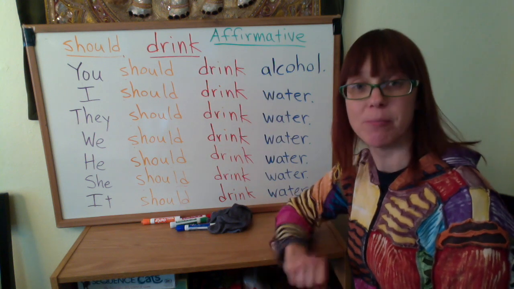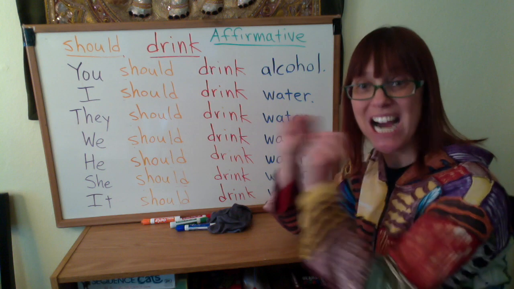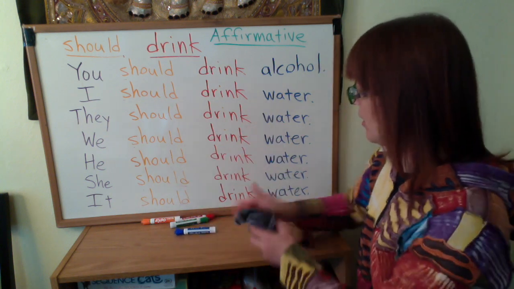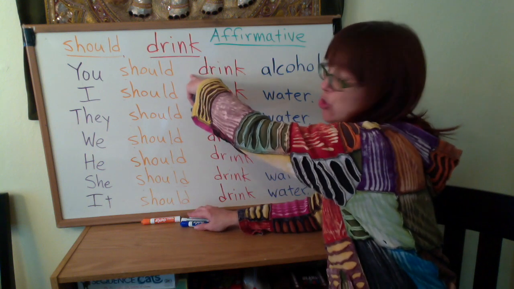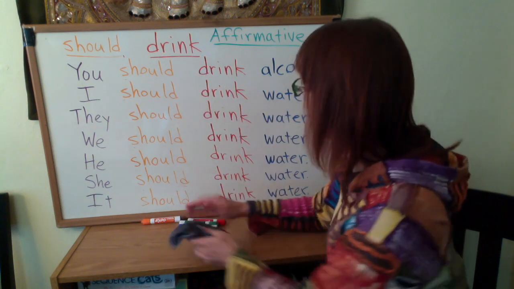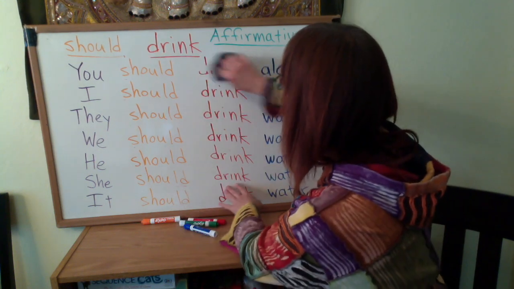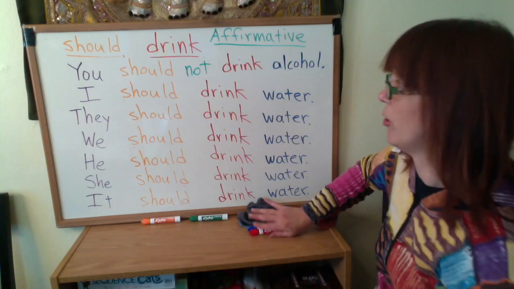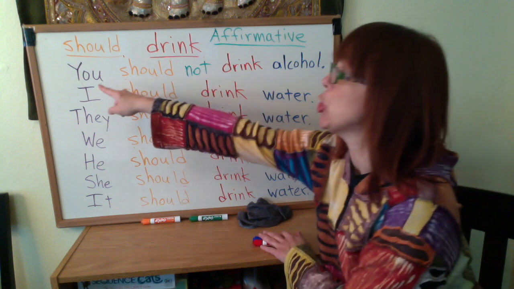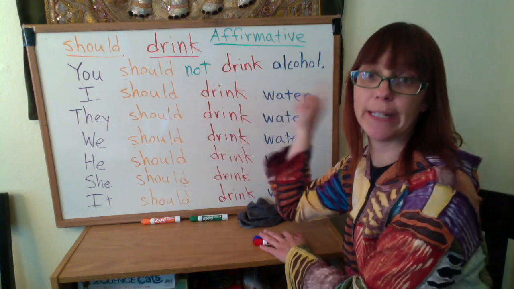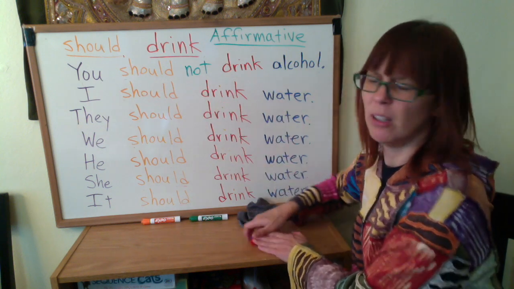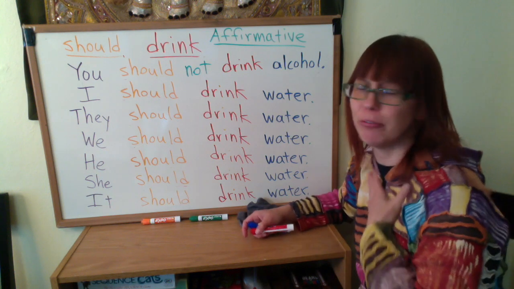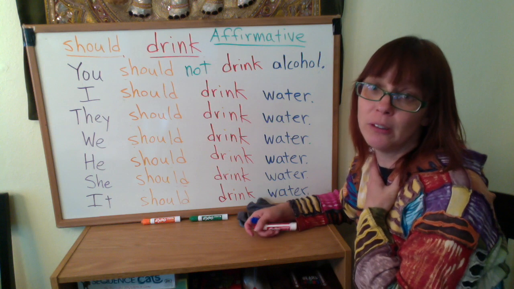So if I want to make it negative, I can put not in the sentence. And I put that here. You should not drink alcohol. So I'm going to change this to negative. That's how I make it negative. You should not drink alcohol. Oh, I have a cough and I have a fever.